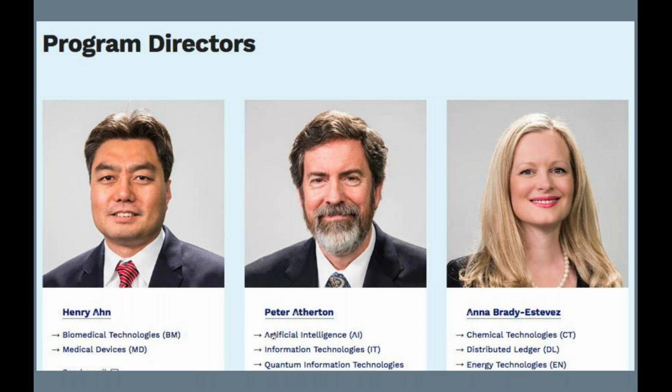If you have something that has to do with computer systems or artificial intelligence, then Peter Atherton is going to be your contact, and their contact information is very helpfully provided underneath their pictures. Same thing if it's an energy technology, then you need to speak with Anna Brady Estevez.